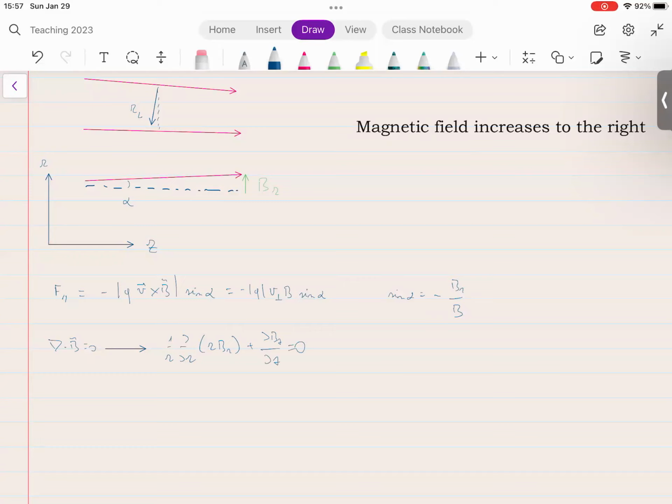Well, I can integrate this in R and obtain that R BR is going to be equal to minus the integral of R times dBz over dz in dR.